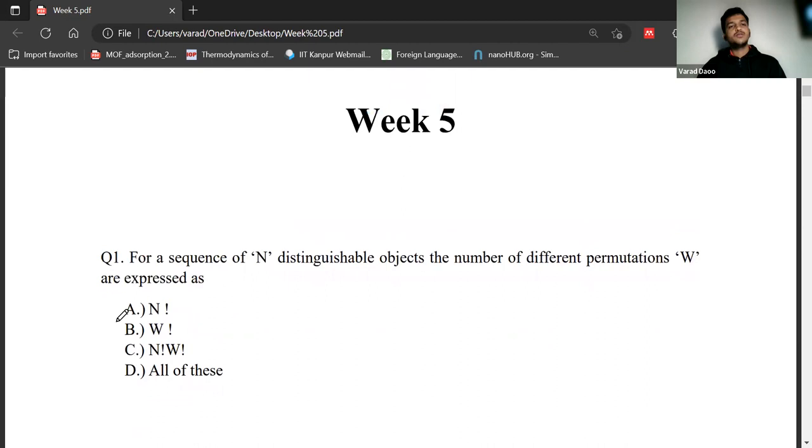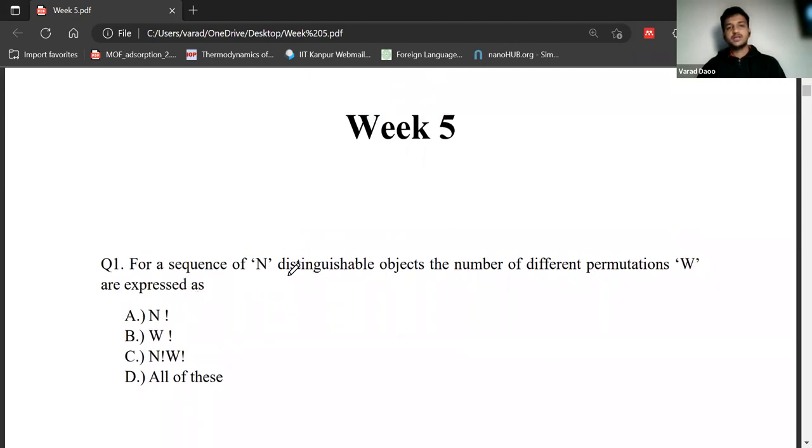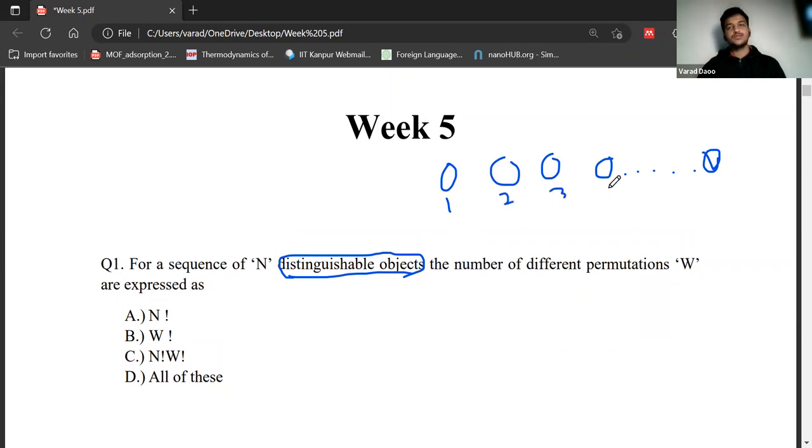For a sequence of n distinguishable objects, the number of different permutations W is expressed as. Remember the objects: let's say we have object 1, object 2, object 3, object 4, like this. We have n such objects, and remember that these are distinguishable objects, that means this is not equal to this, not equal to this, and so on.